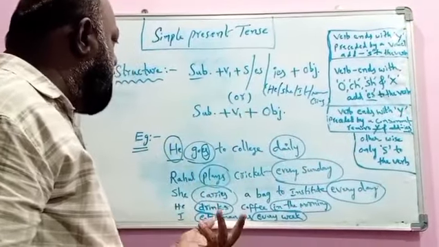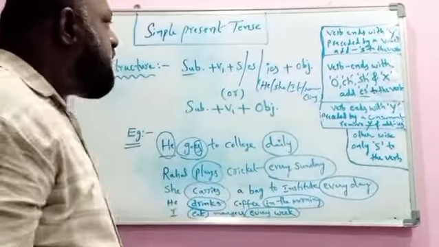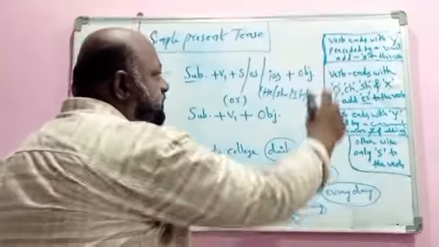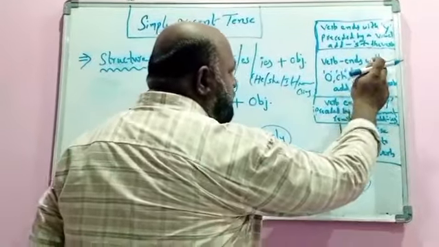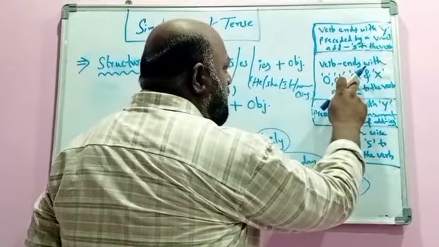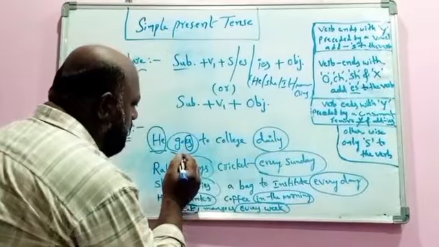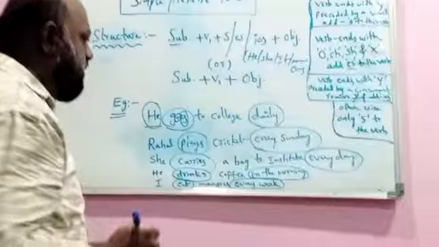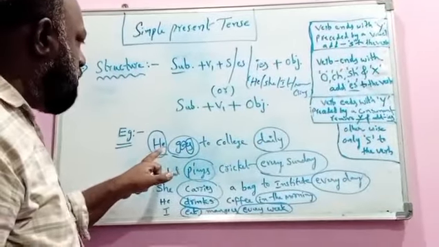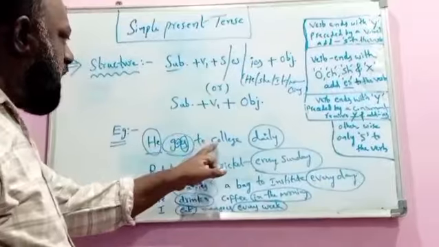But why do we add es here instead of s or ies? Because the verb ends with O, CH, SH and X, we have to add ES to the verb. Here the verb ends with O. That's why we have added ES. So now the sentence is: He goes to college daily.